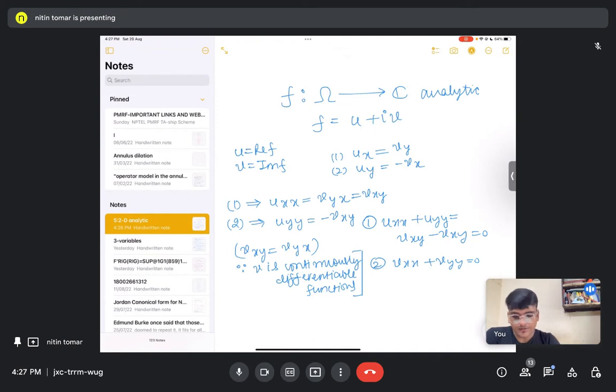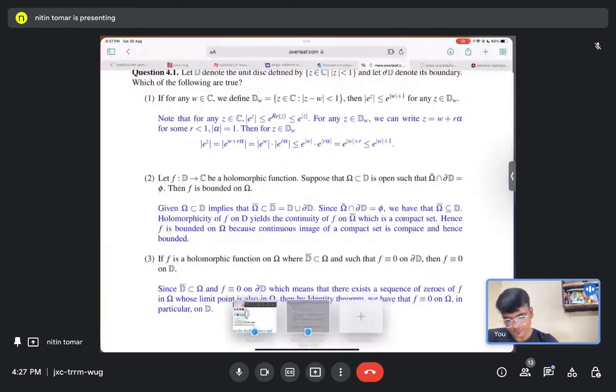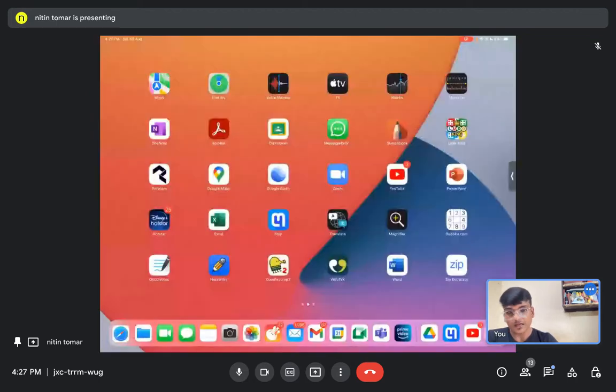See, you derivate this with respect to x and with respect to x. You will get this, right? Okay, thank you. And similarly, if you derivate this with respect to y, you will get y here and y here, right?